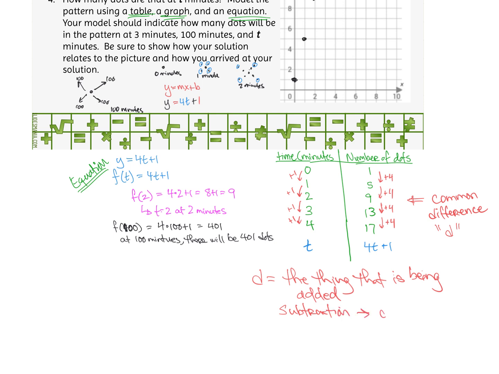Remember, we can always add a negative. So D is considered the common difference, and it's through addition. How is it being added? For this one, we have that difference of 4. And we figured that out through our table, like what we've been doing in 8th grade last year.